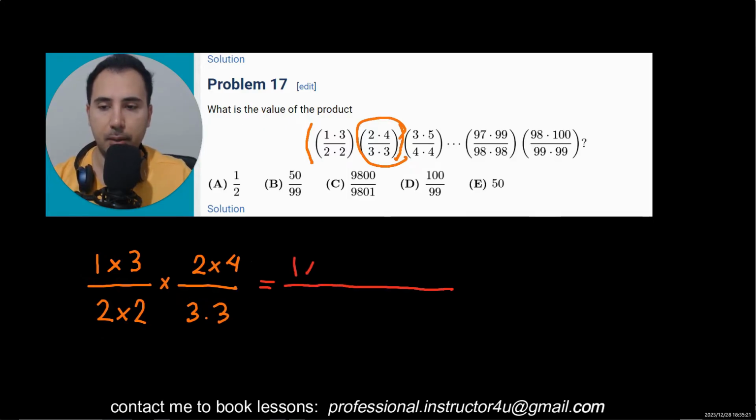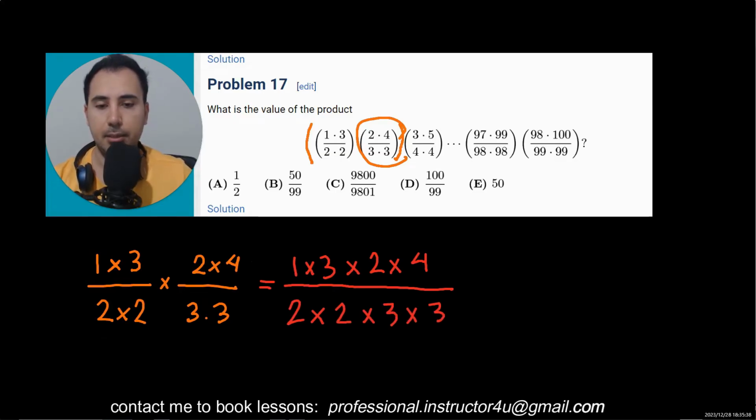I'll write all of them. 1 times 3 times 2 times 4 and then, sorry, let's start with 2. 2 times 2 times 3 times 3. And look, see, I could simplify these numbers now.